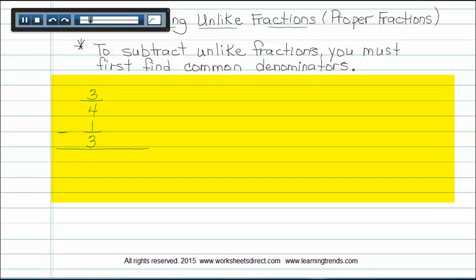So the first step is to create equal fractions with a common denominator. You'll notice that I drew an equal sign and then a fraction bar. One way of finding a common denominator, currently they're 4 and 3, is that you will find multiples of those denominators until you find a multiple that is common to both of them.